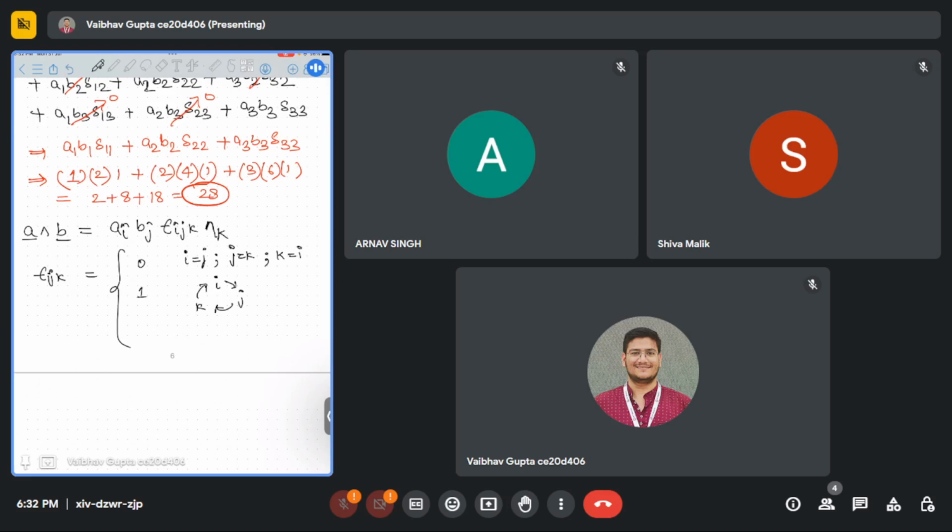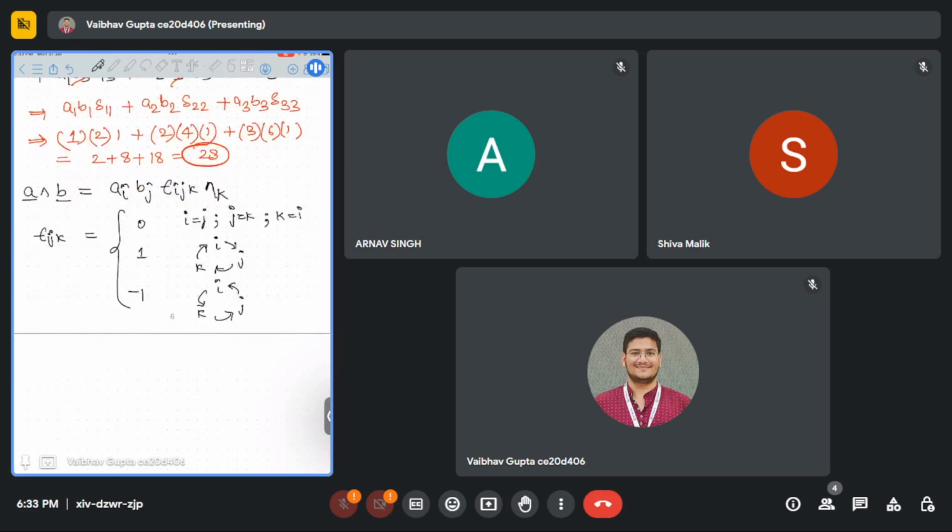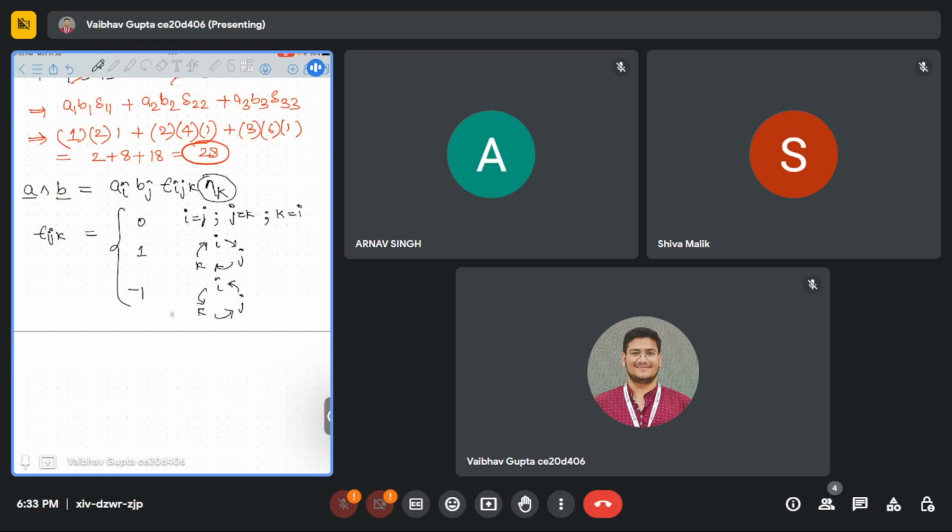Like 1, 2, 3. So 1, 2, 3 gives 1, ijk 1, jki 1, kij 1, and minus 1 when it takes a loop of anti-clockwise direction. We'll see with the help of examples. You will be able to know. This n_k is nothing but a unit direction vector, unit vector.